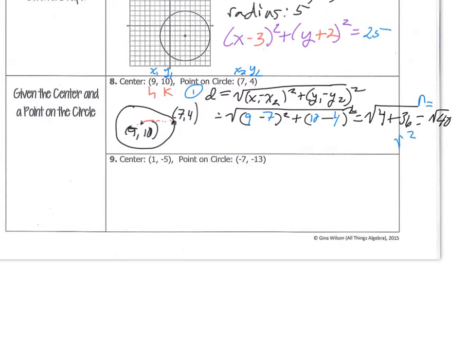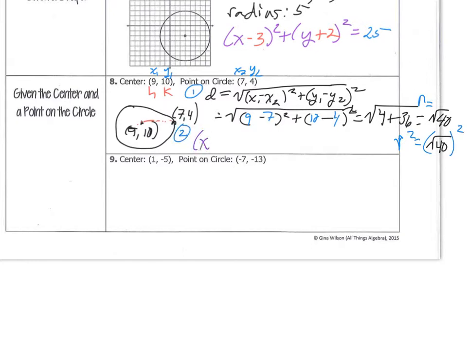So r squared is equal to the square root of 40 squared. So what's our r squared going to end up being? Just 40. So when you write your equation of your circle, this is step 2.